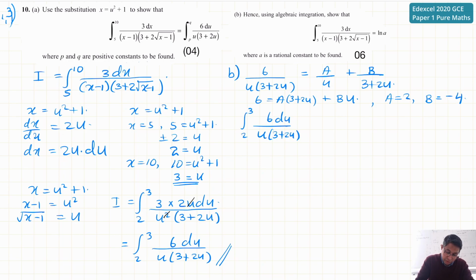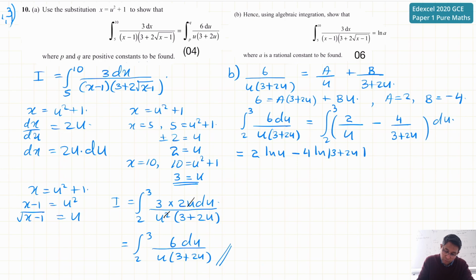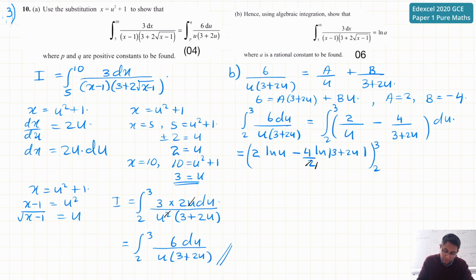Now you can write this integral as, we can integrate these two functions one by one, thus 2 ln u minus 4 ln 3 plus 2u over 2. You have to substitute this limit. We can simplify this. Using the logarithm rule, you can write inside the bracket as a single logarithm. That's ln u square over 3 plus 2u square.